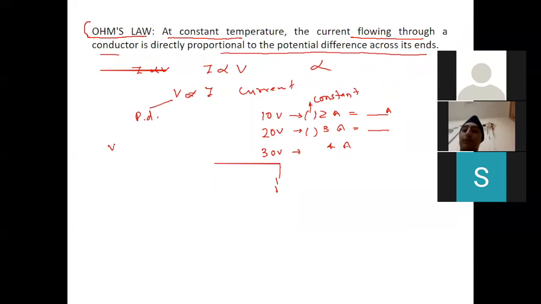So that means V equal to RI. RI means R into I. R is a constant and R is called resistance.